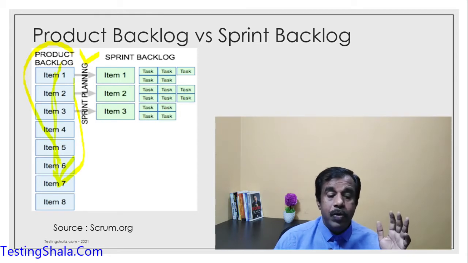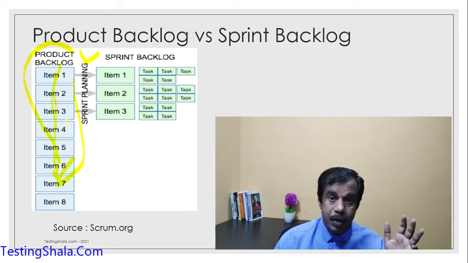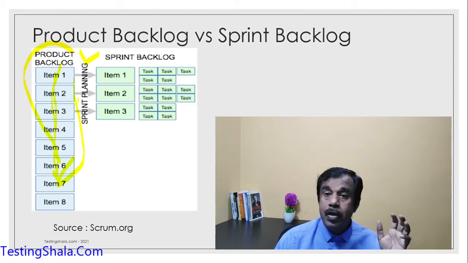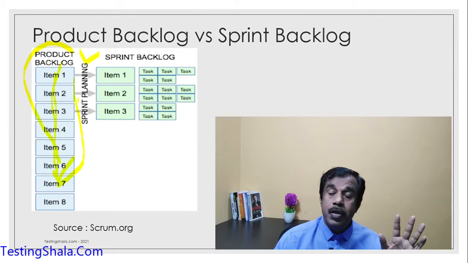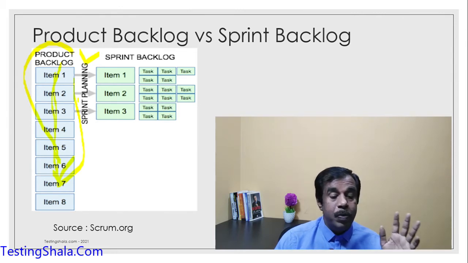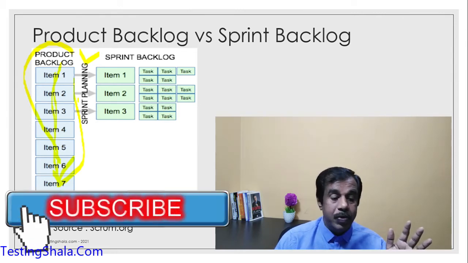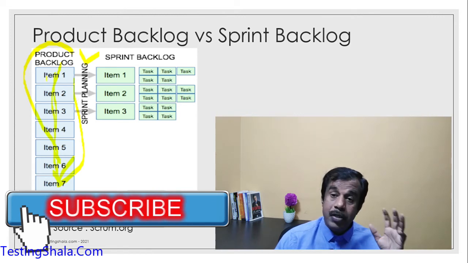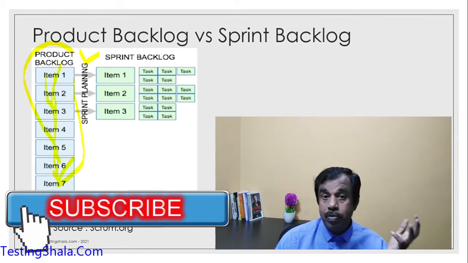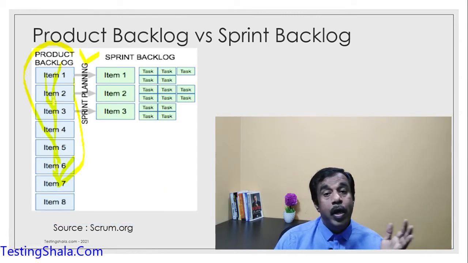Then a meeting will happen, which is the sprint planning meeting, where the Scrum Master, developers, and everybody will be part of the sprint planning activities. They would pick up the product backlog based on the priority and what the product owner is really looking for in every sprint.